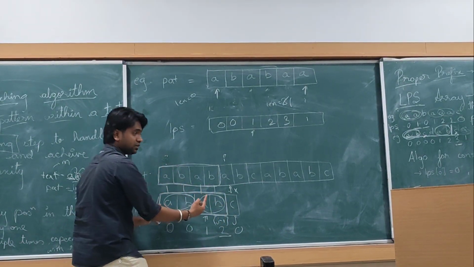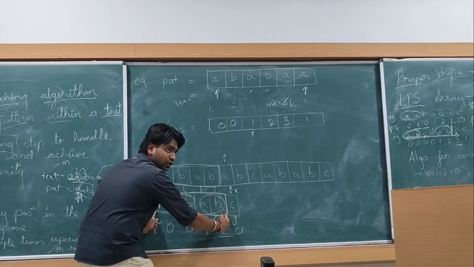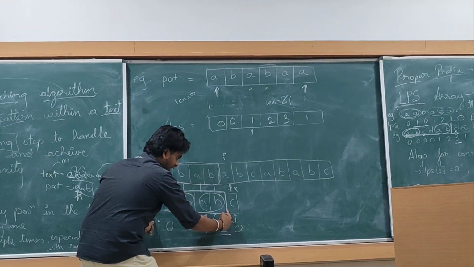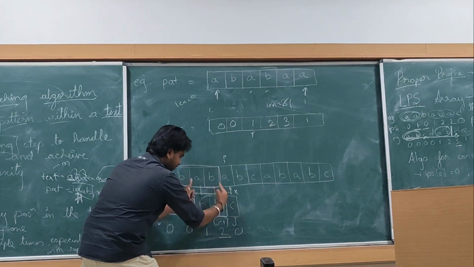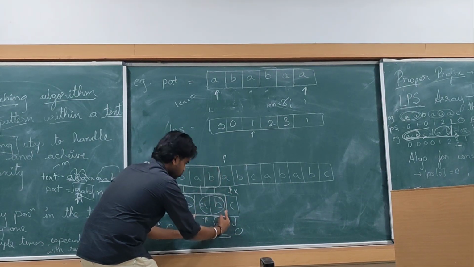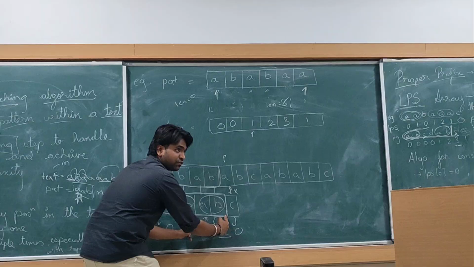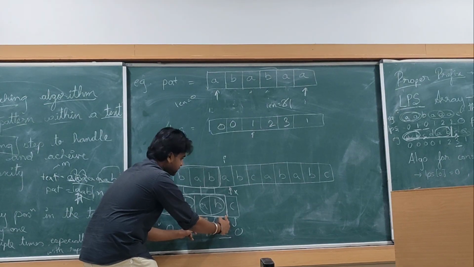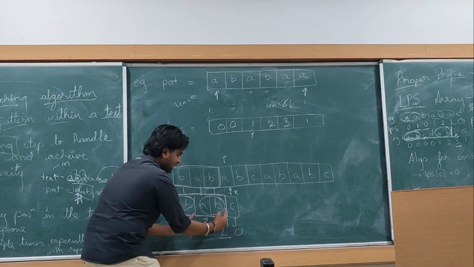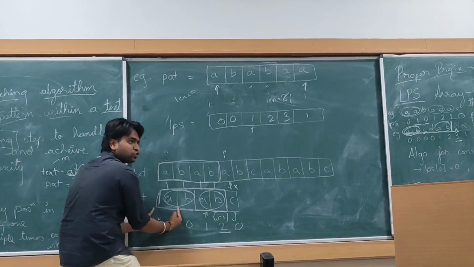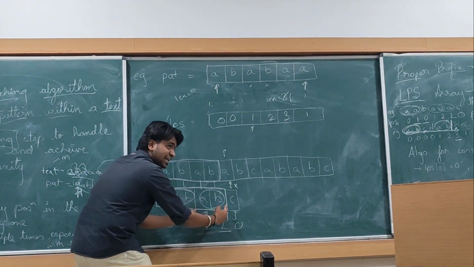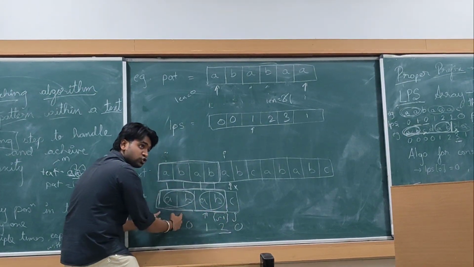Pay very close attention, this whole part has matched, right? It means some suffix of this whole string has matched with a suffix of the text. So this suffix is matched with this suffix. Yes or no? This AB is already matched with this, and I already know that there is a length 2 suffix which is also a prefix.